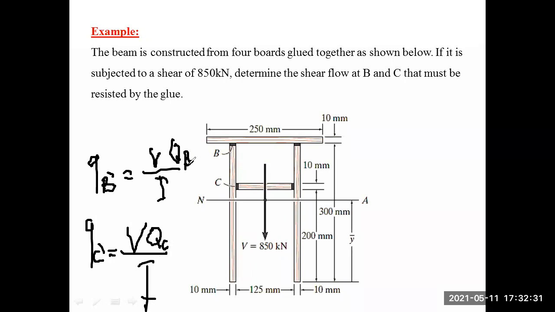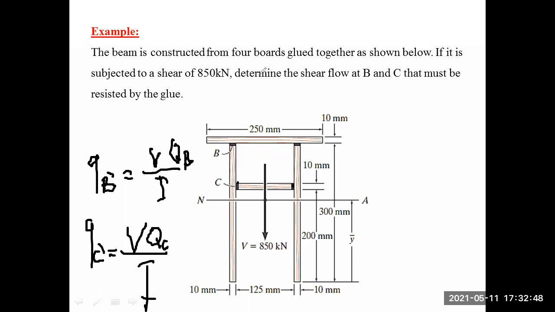Why this prime? What have we placed this prime for? The shear flow is given to these 2 points. In fact, when you calculated this QB, it's not for this point. It's for these 2 points. The same thing, when you calculated this, you have calculated for these 2 points.